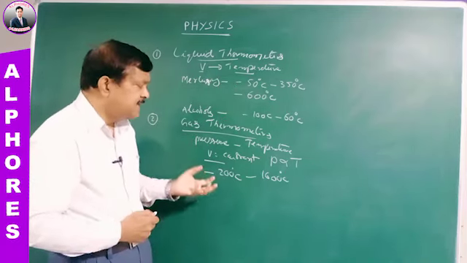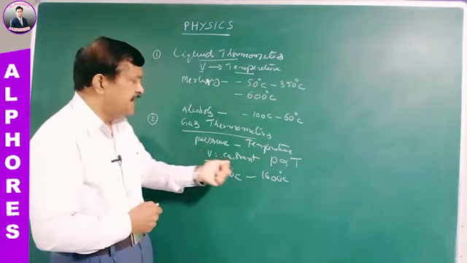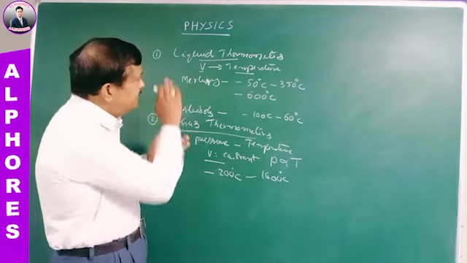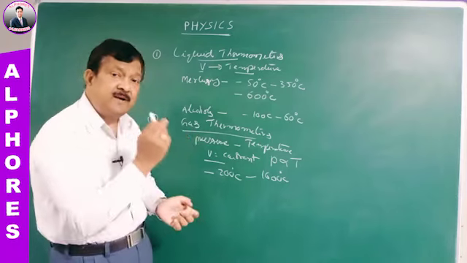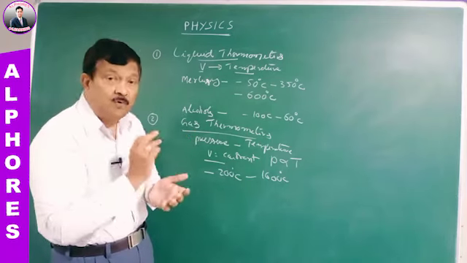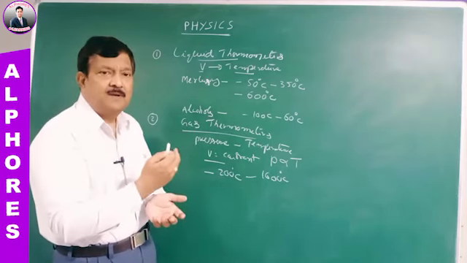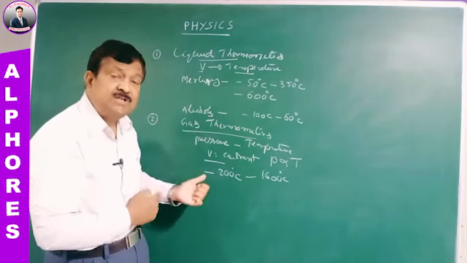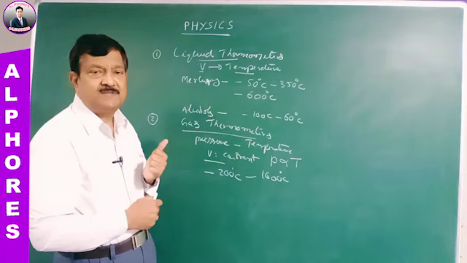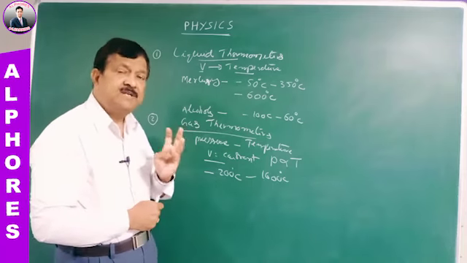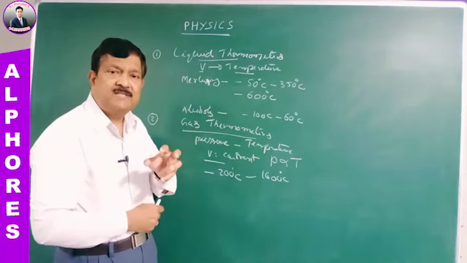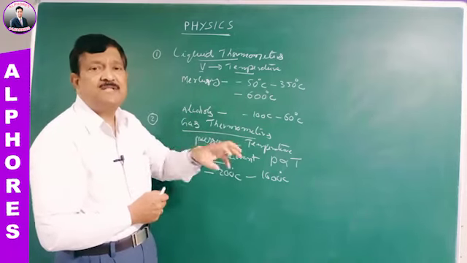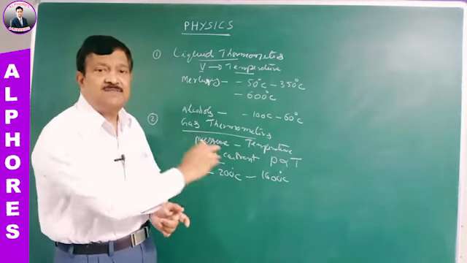But there is a disadvantage with the gas thermometers. Practically, when compared with the liquid thermometers, gas thermometers are more sensitive, and you can measure more easily. The reason is, when compared with the liquids, expansions are more in case of gases. If you consider the expansions of materials with respect to temperature, expansion is least in case of solids and highest in case of gases.